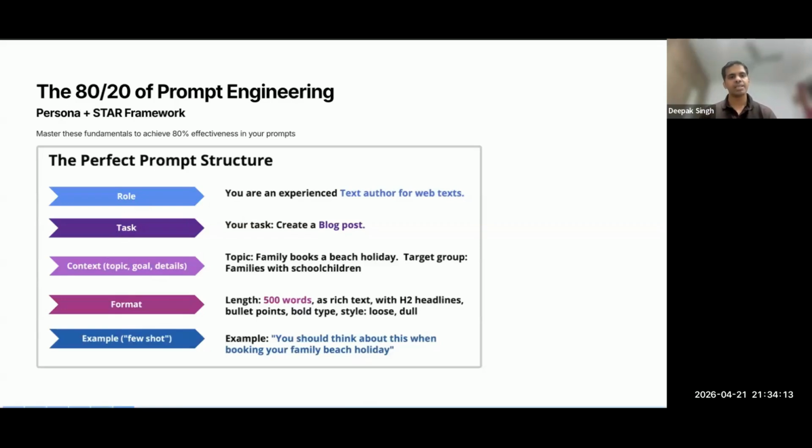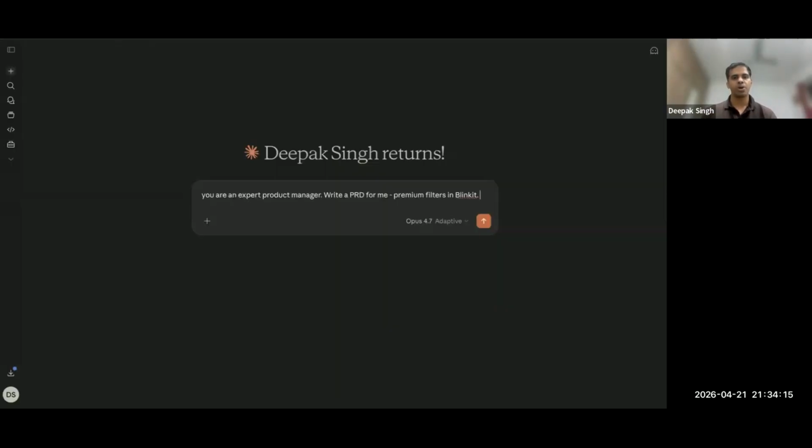So task, then there is context. What is a context? You can add context depending on what you feel is good for writing this PRD. The filter does not exist in any players yet.